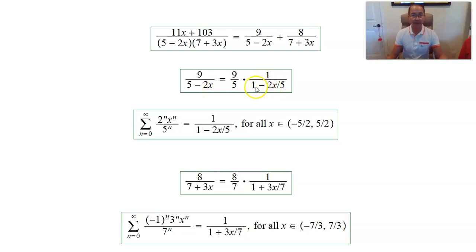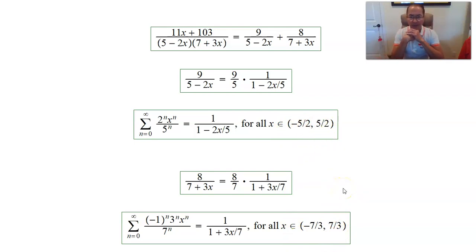And so for the 1 over 1 minus 2x over 5, we got this representation. For the 1 over 1 plus 3x over 7, we got this representation. So basically, we're simply going to put these things together. And we are going to get the domain by finding the intersection of these two intervals.